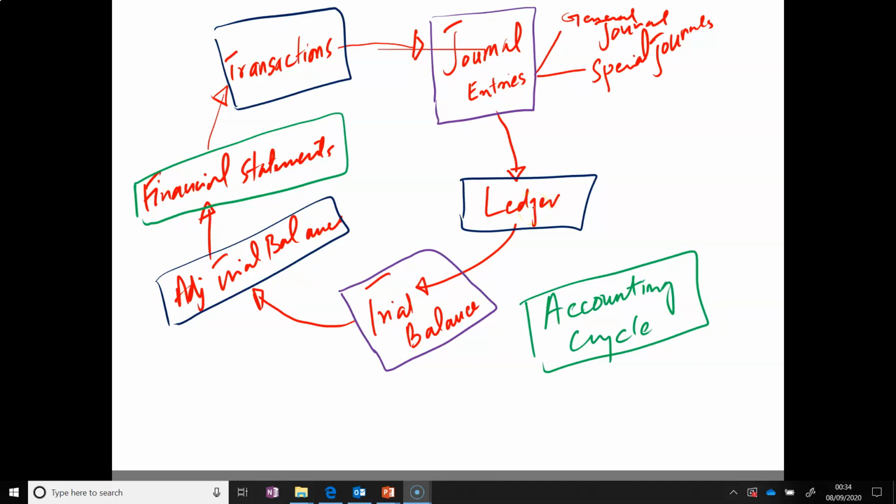The ledger overcomes this limitation as it records the same transactions not by date but by account. So if at any time you want to see the cash entries, you just open the cash account in the ledger book.